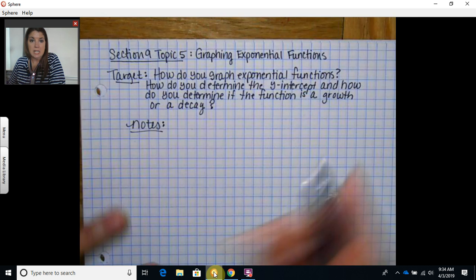All right. Let's write the definition of an exponential function, and the important parts that you need to know.